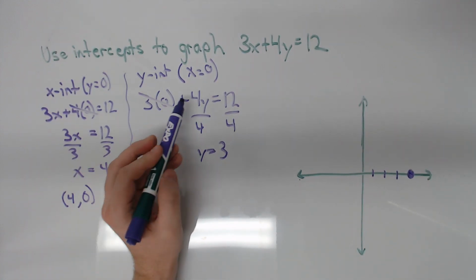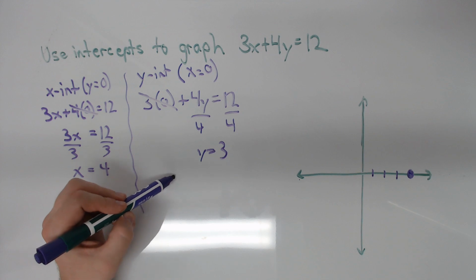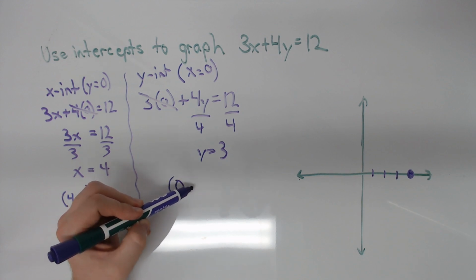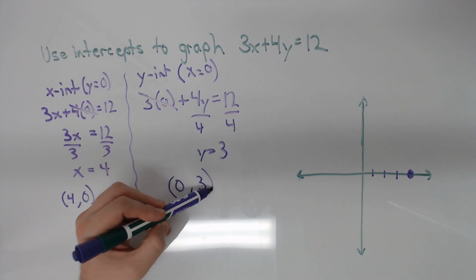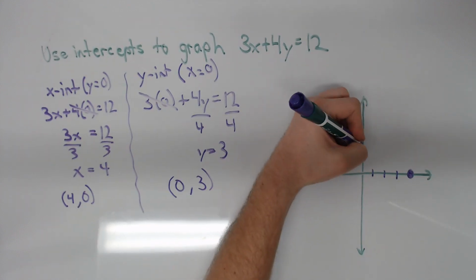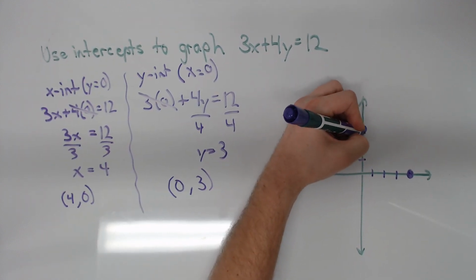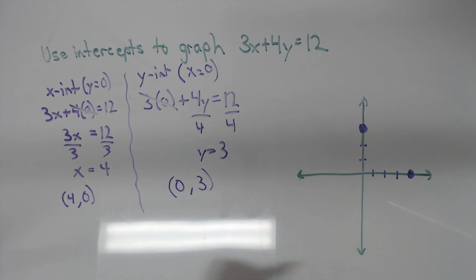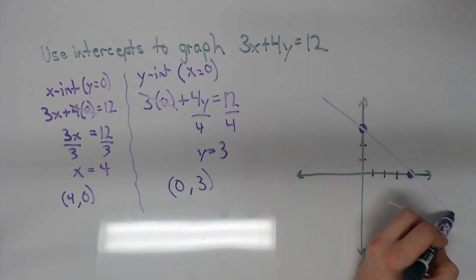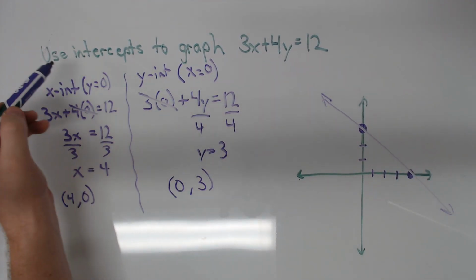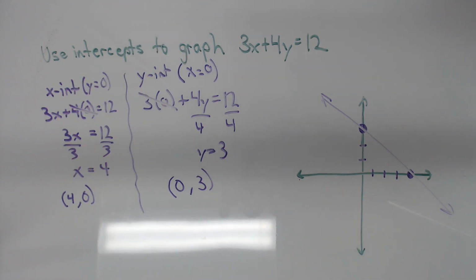Same thing as last time. Knowing what we plugged in to start with gives us our other value. X is 0 this time, 0 comma 3. Let's plot that point. Now that we have 2 points, draw a line through it, and we have successfully used the intercepts to graph.